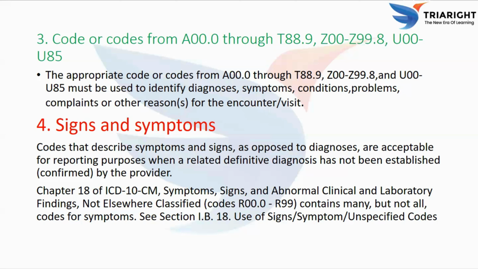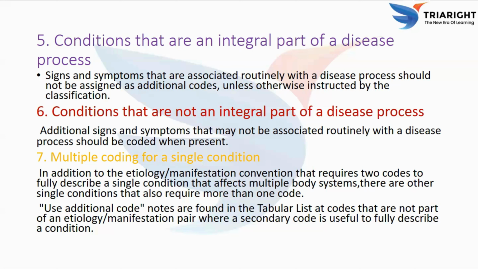For example, if a patient has pneumonia and also has vomiting, code both because vomiting is not a part of pneumonia. Coming to diabetes with headache, you have to code both because headache is a separate disease and diabetes is separate. Headache is not a part of the diabetes, so you have to code both. This gives the meaning of conditions that are not an integral part of the disease process.